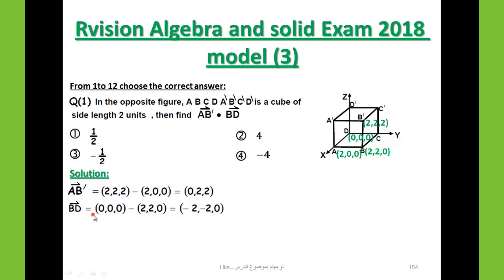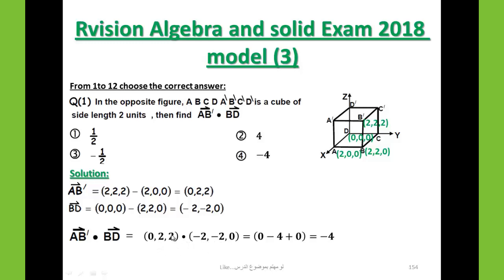Now A B dash dot B D equals the coordinates of A B dash, 0, 2, 2, dot the coordinates of B D, negative 2, negative 2, 0.